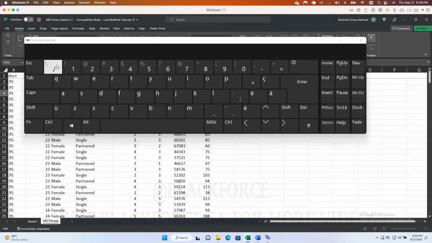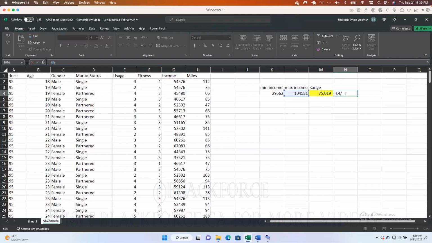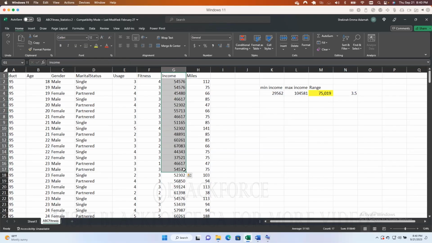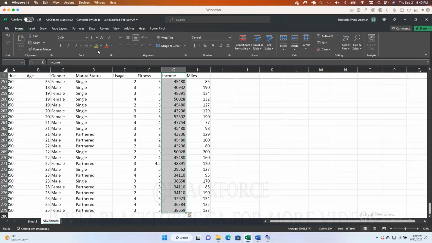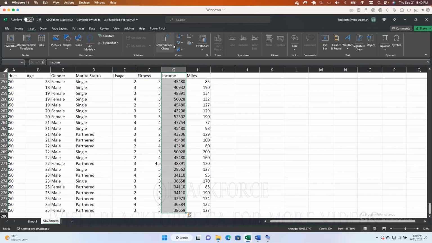Sorry, I'm using Parallels, so my keyboard is kind of a mess. So the highest person earns almost 4 times the lowest person's income. So we have a broad distribution of incomes. Another thing we can do is to even show in a histogram the distribution for the different.